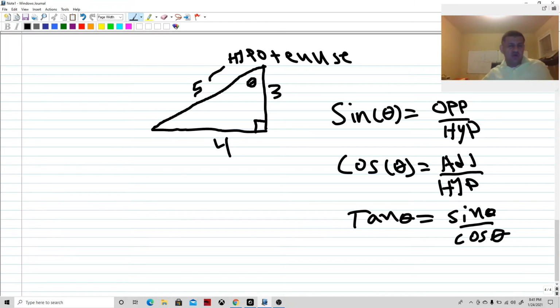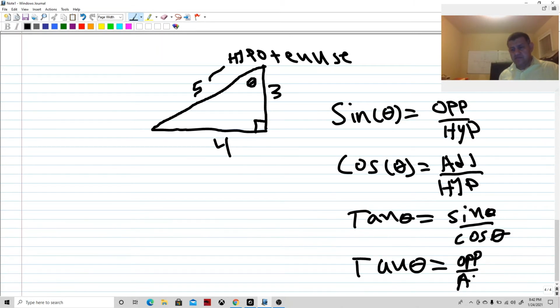Okay, so let's say, for example, that tangent of theta equals opposite over adjacent. Okay, all right, so let's keep going.